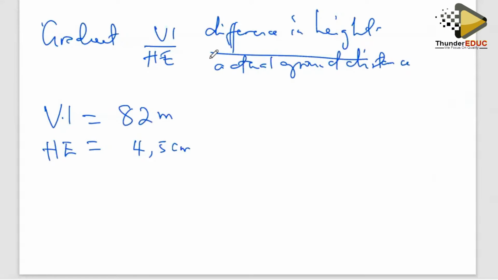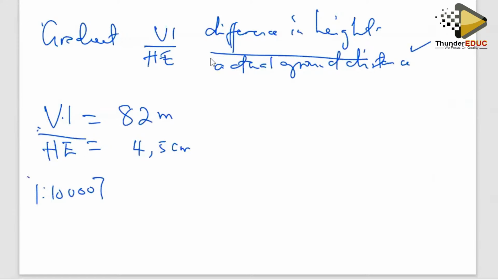So it's 4.5 centimeters, and we need to convert it to the actual ground distance in meters so that we have a fraction with meter value over meter value. We are taking the orthophoto map, and our scale is 1:10,000.